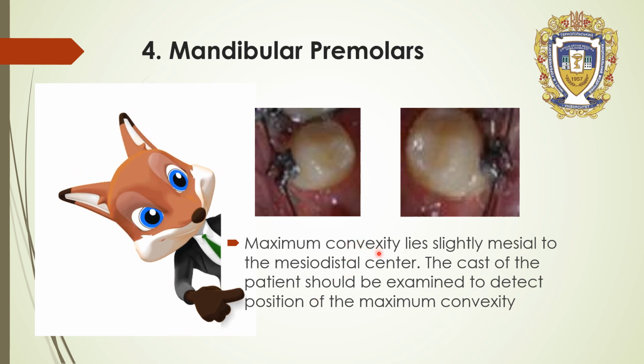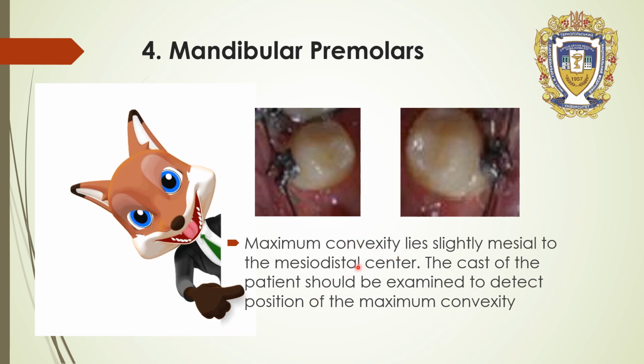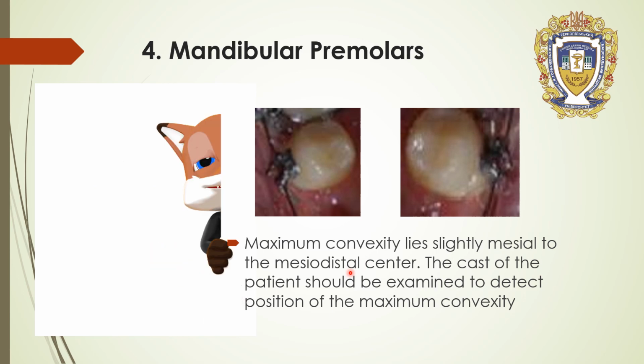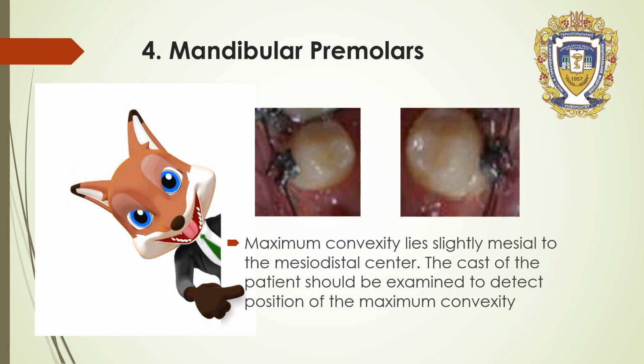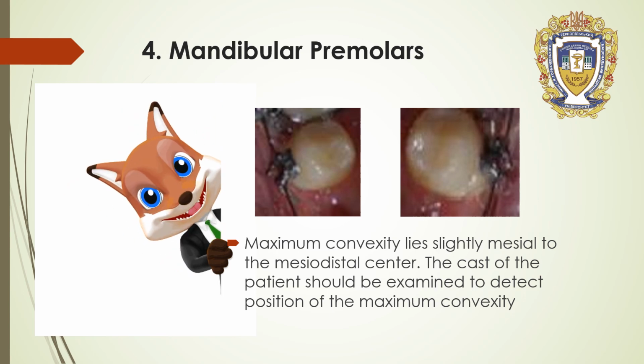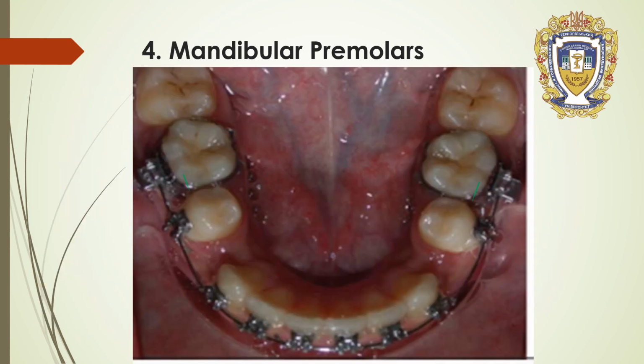Maximum convexity lies slightly mesial to the mesiodistal center. The cusp of the patient should be examined to detect the position of the maximum convexity. As you can see, they are shown with brackets in a slightly mesial position from the mesial slope in lower premolars.